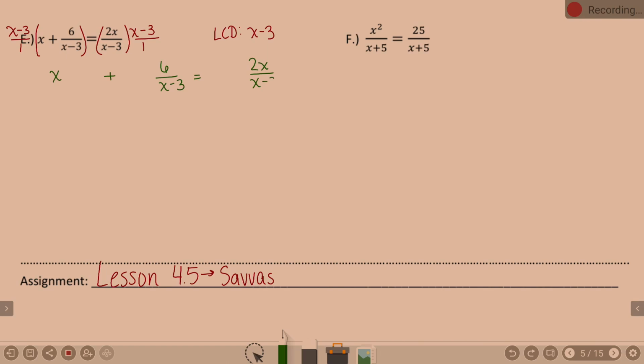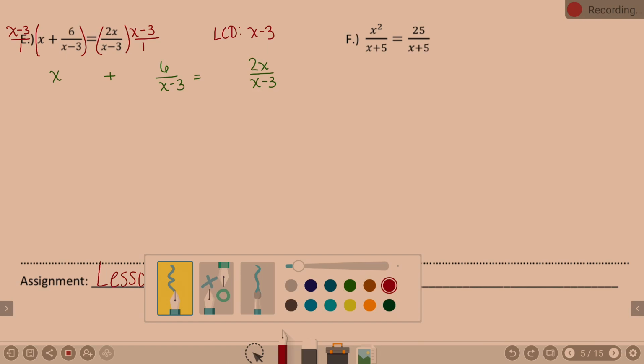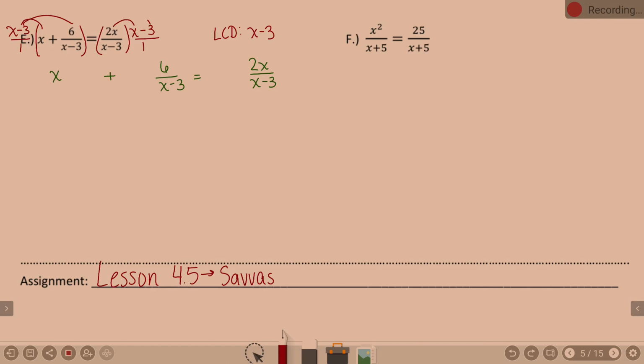Every piece is getting multiplied by x minus 3. So that means x is getting multiplied by x minus 3. 6 over x minus 3 is getting multiplied by x minus 3. And 2x over x minus 3 is getting multiplied by x minus 3.